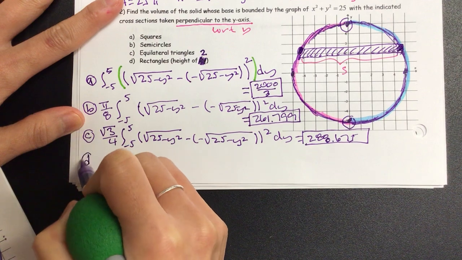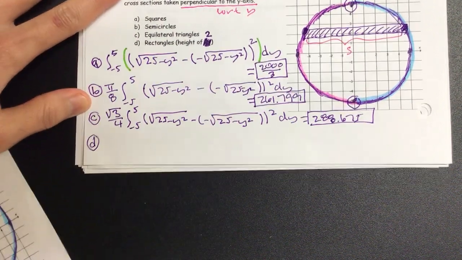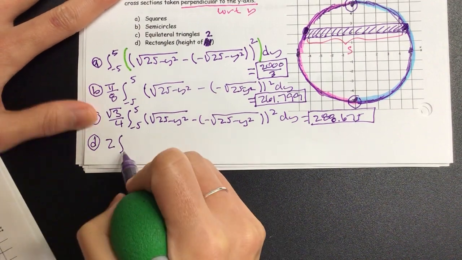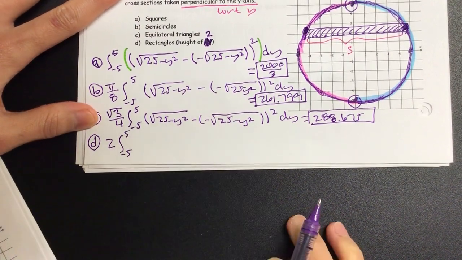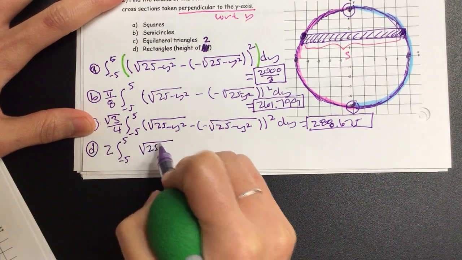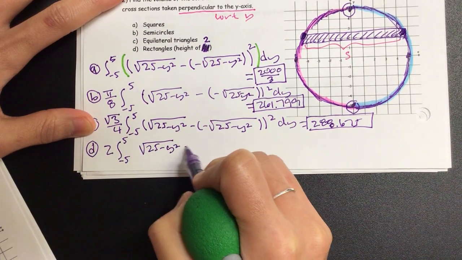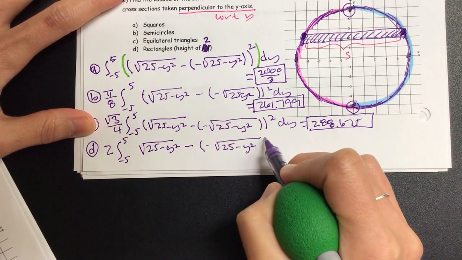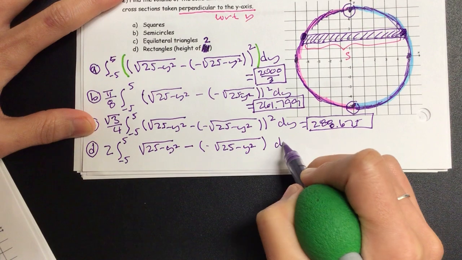So for this one, what number am I going to kick outside of the integral? The 2. And it's just the side on this one. So from -5 to 5, it is not squared. So we have radical 25 minus y squared minus the negative radical 25 minus y squared dy.